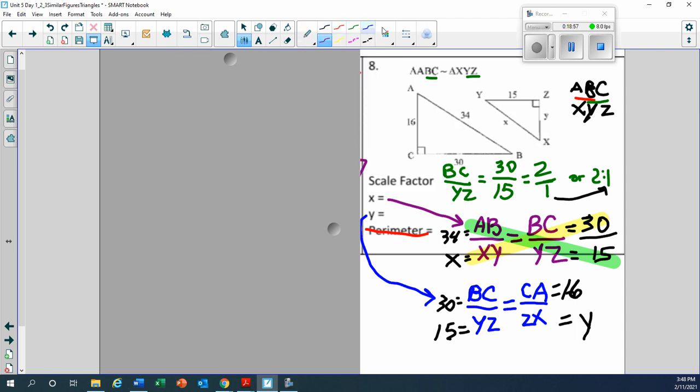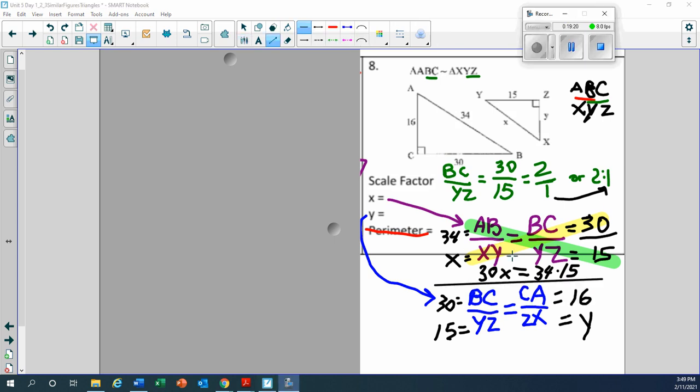We'll use the pen. 30 times x equals 34 times 15. From here, I'll let you take the rest of that problem.